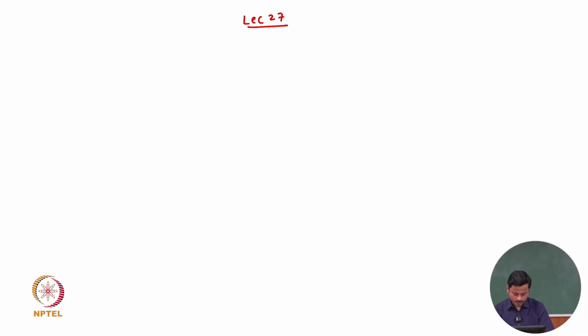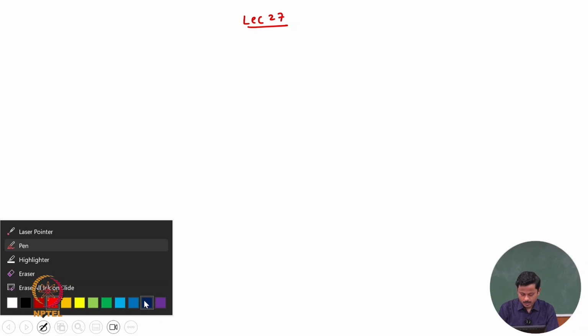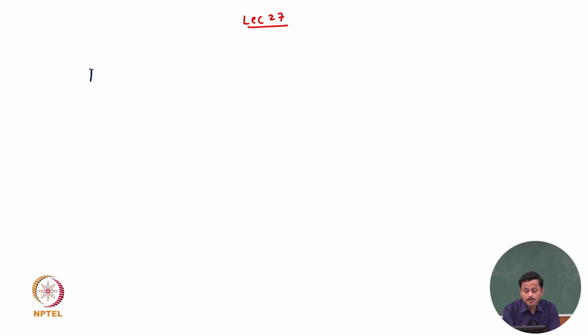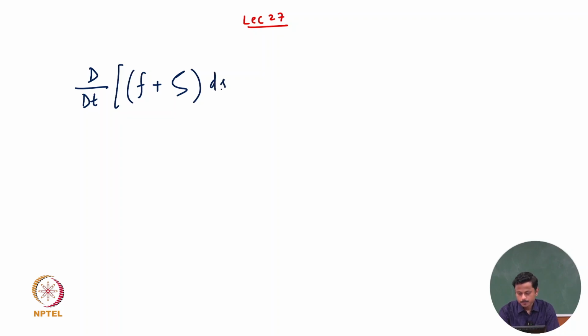In the previous lecture, we derived that the total derivative of a certain quantity, which is the sum of the planetary rotation and the vertical component of the relative vorticity, is conserved.